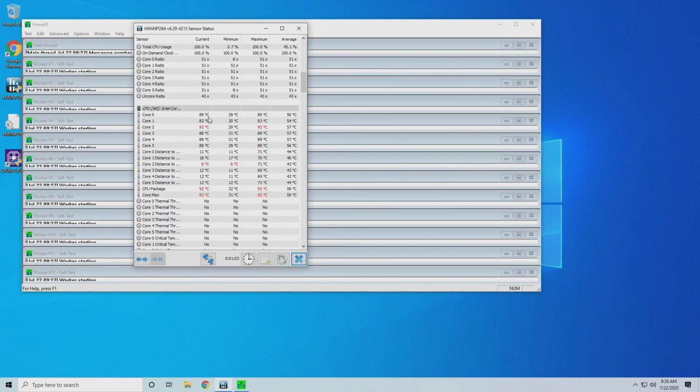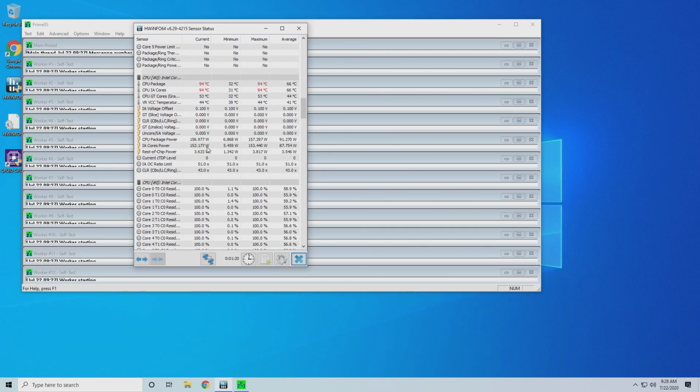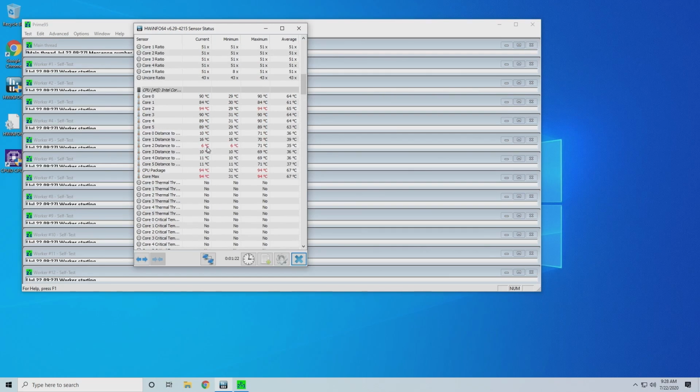Let's take a look at our temps. Okay, so we're in the 90s. That's fine for prime. I'm not concerned with 90s. I wouldn't want to be in the hundreds. These CPUs run hot, but we're in the 80s and low 90s. That's okay. And if you get concerned with temperatures, you can lower the TJ max.